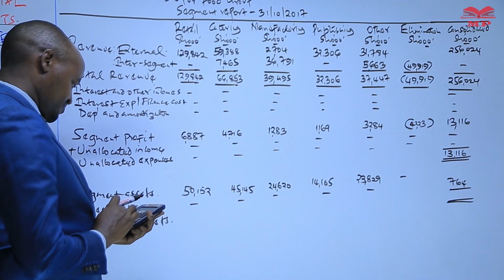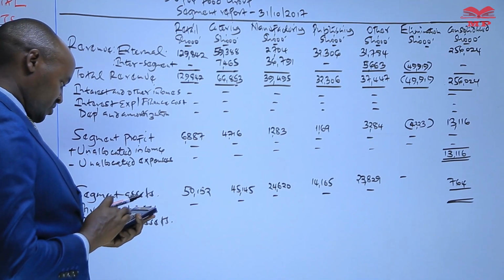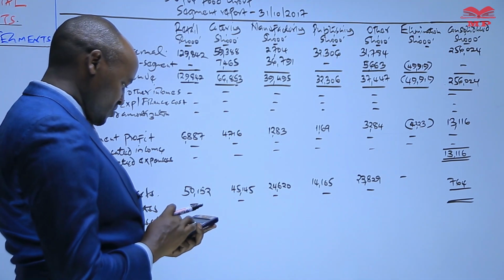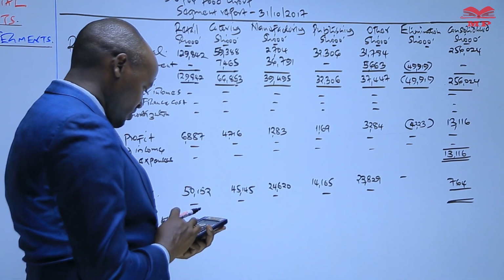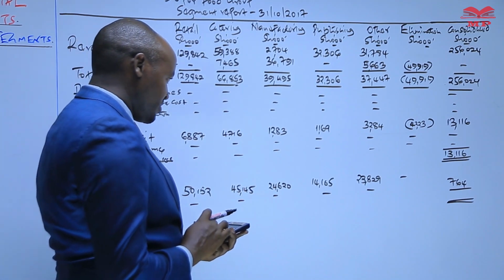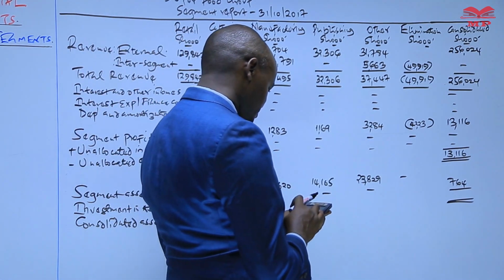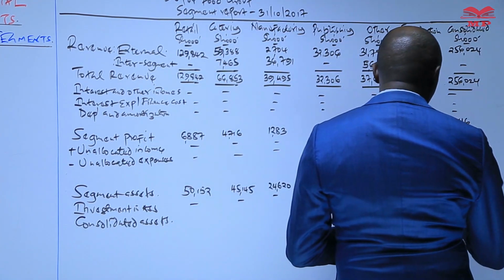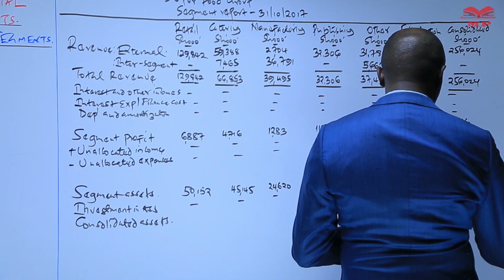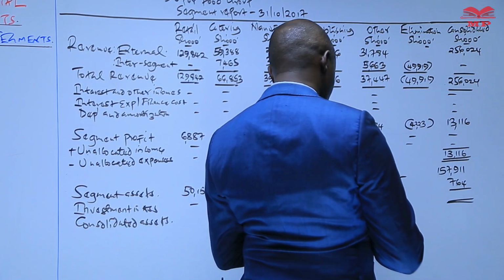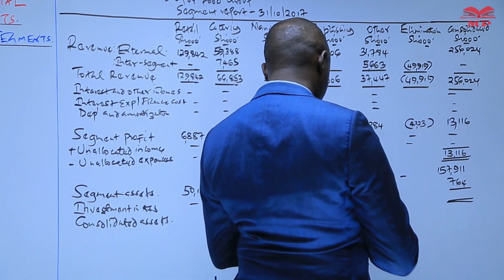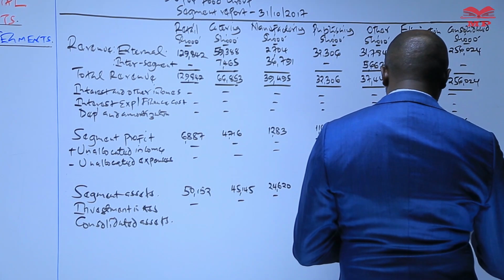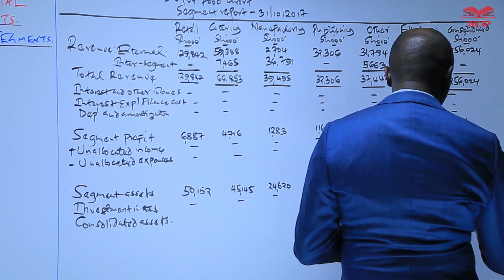So let's add these particular figures here. We have 50,152 plus 45,145 plus 24,620 plus 14,165 plus 23,829, which will give us 157,911, plus now the unallocated assets 764, which will give us total assets or consolidated asset of 158,675.